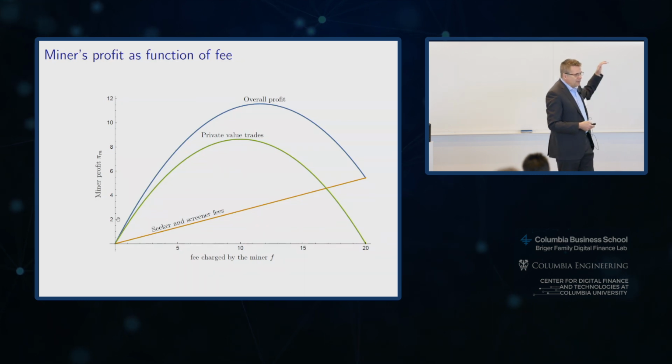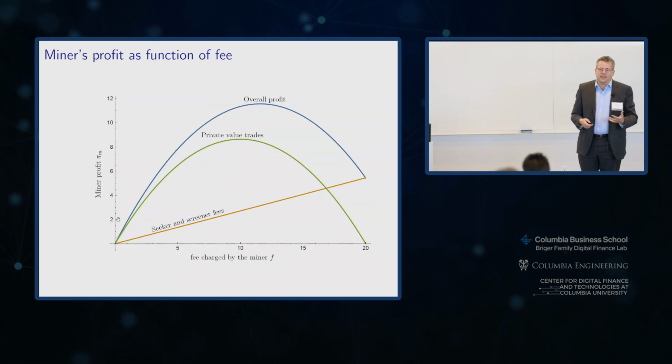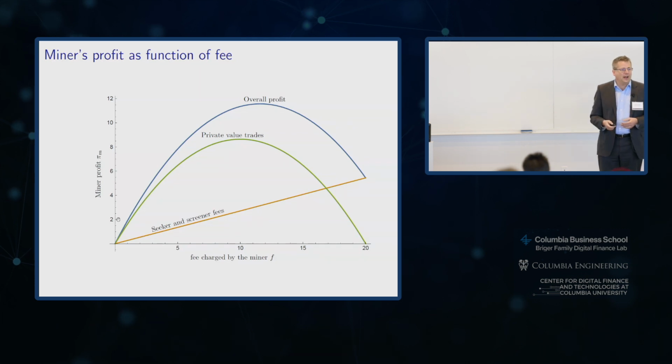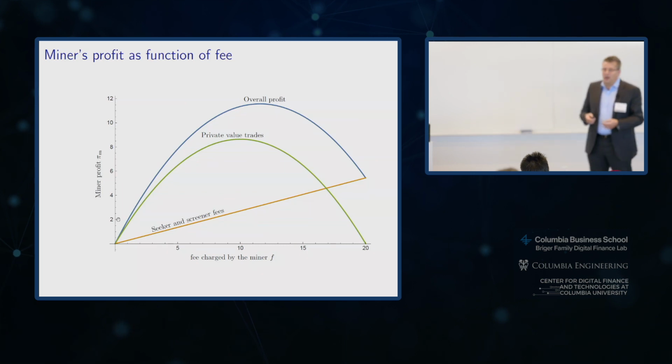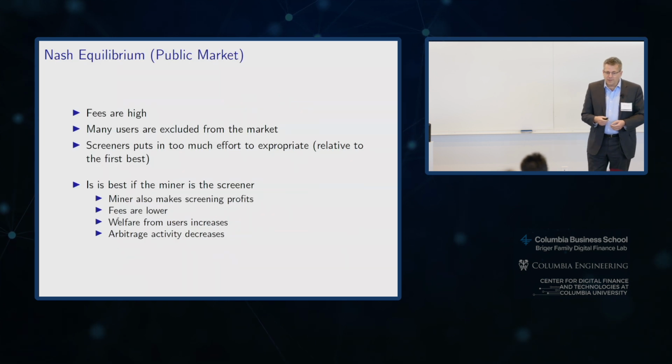So what you see is that the maximum fee that the miner charges is actually pretty high. From a welfare perspective, this is bad because a lot of the ordinary users are priced out of the market. The peak of the blue line is where the optimal fee will be in the equilibrium that the miner charges. So what is the outcome?